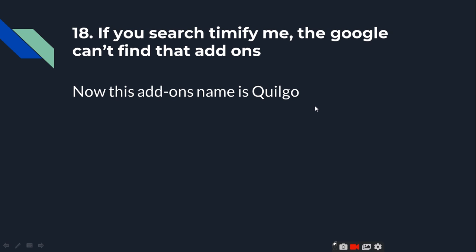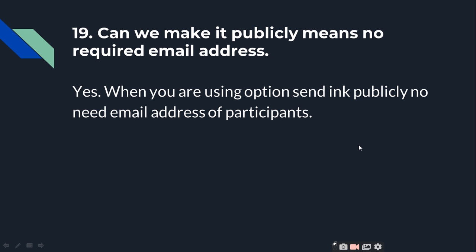So if you want to add a timer to your Google Form, search for Quilgo. You will find different videos about Timify Me also. Some rules are the same, but there is no proctoring system, and in Quilgo you will get the proctoring feature also.